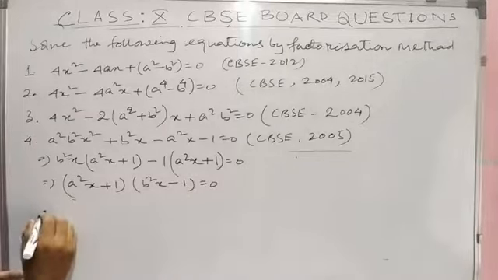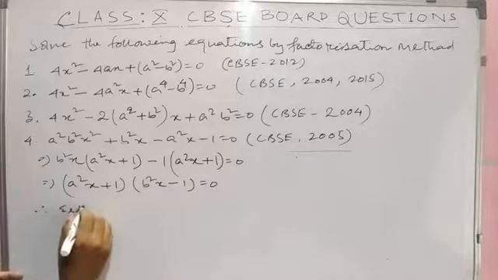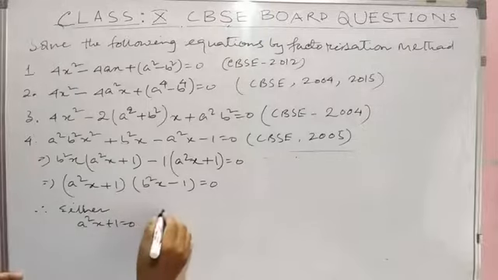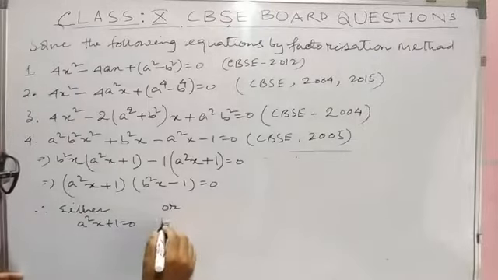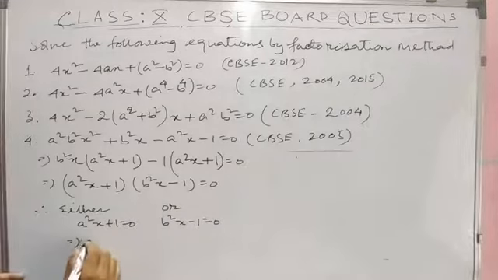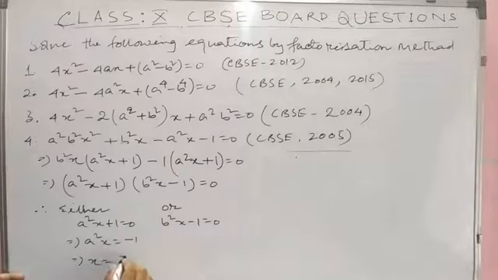Therefore either a²x + 1 equal to 0 or b²x − 1 equal to 0. This implies that a²x = −1, and this implies that x = −1/a².